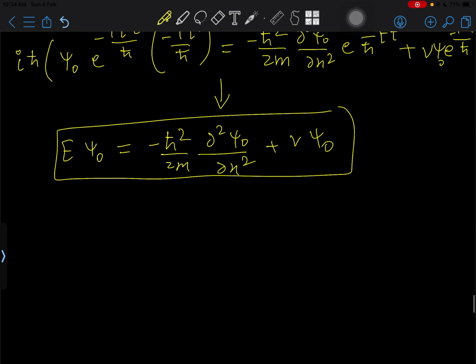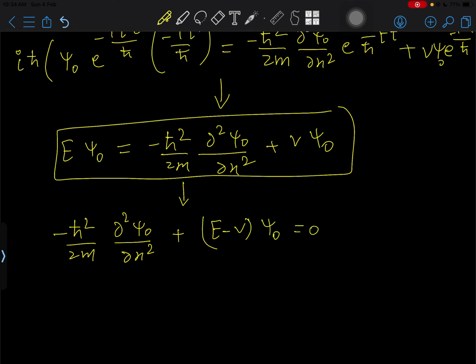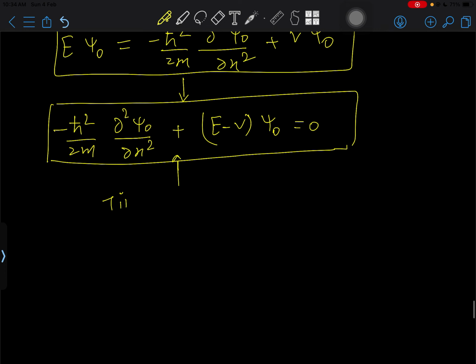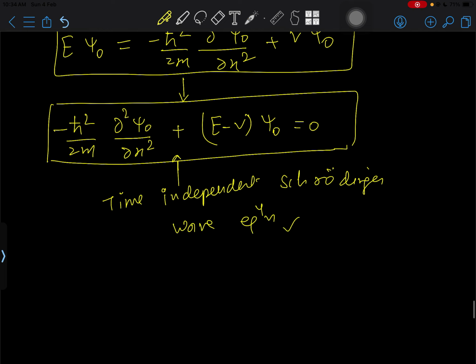Now on rearranging itself, we get minus h cut square upon twice m del square psi naught upon del x square plus E minus V psi naught is equal to 0. This is the time independent Schrodinger wave equation, where the function does not explicitly depend upon the time t.